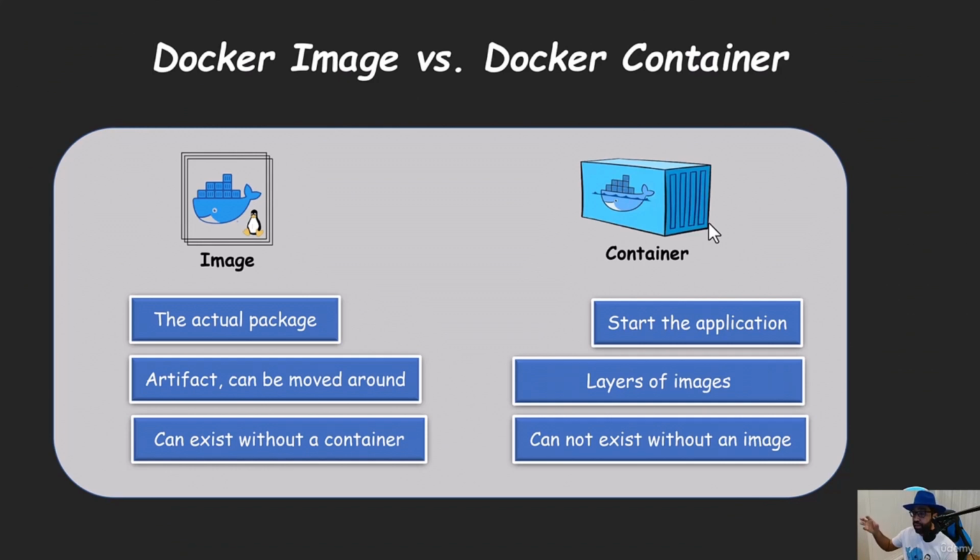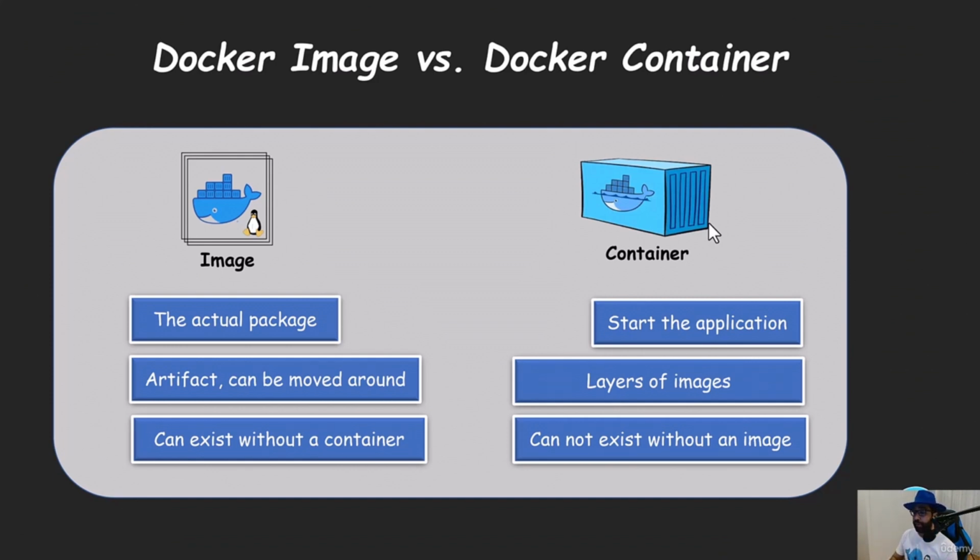So again, what is the difference? An image is the actual package you can download. It can exist without a container, but a container contains layers of images that are used to start the application. And of course, a container can never exist without a Docker image.